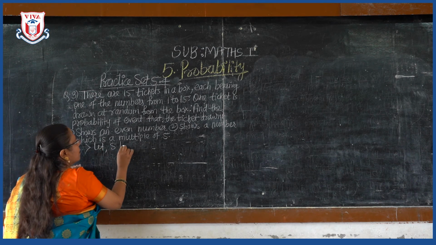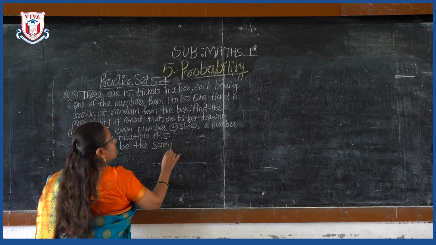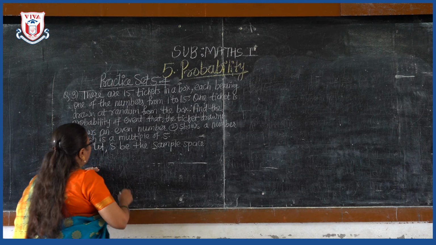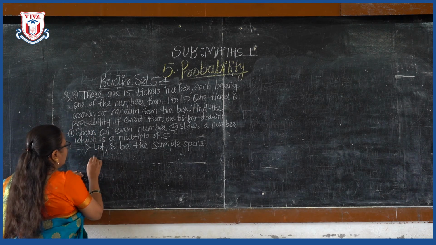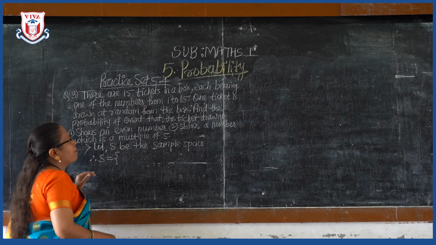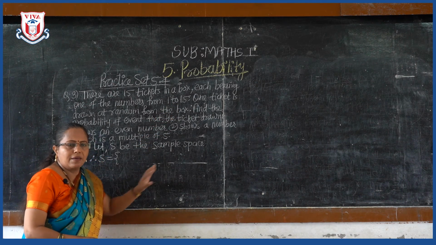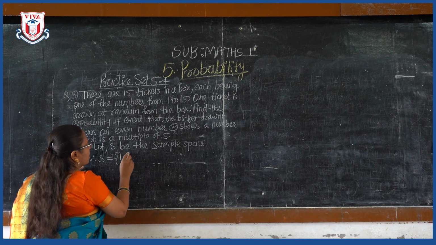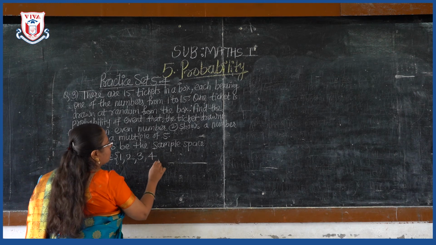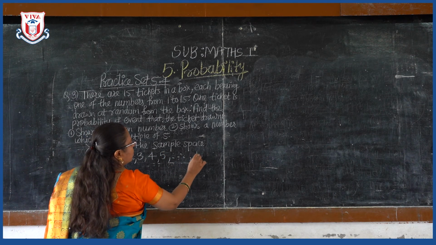Let S be the sample space. Therefore, S is equal to, ticket bears number from 1 to 15. So the outcomes are 1, 2, 3, 4, 5 up to 15.